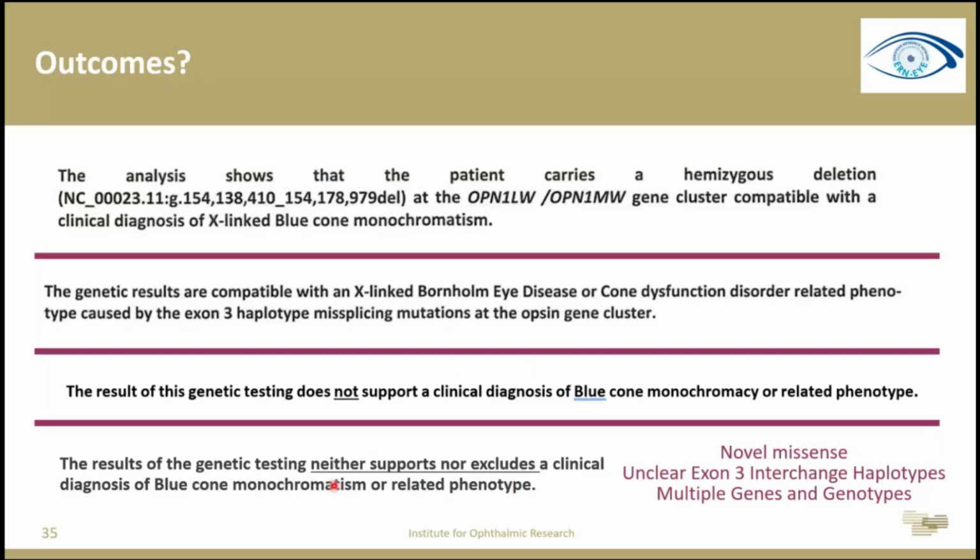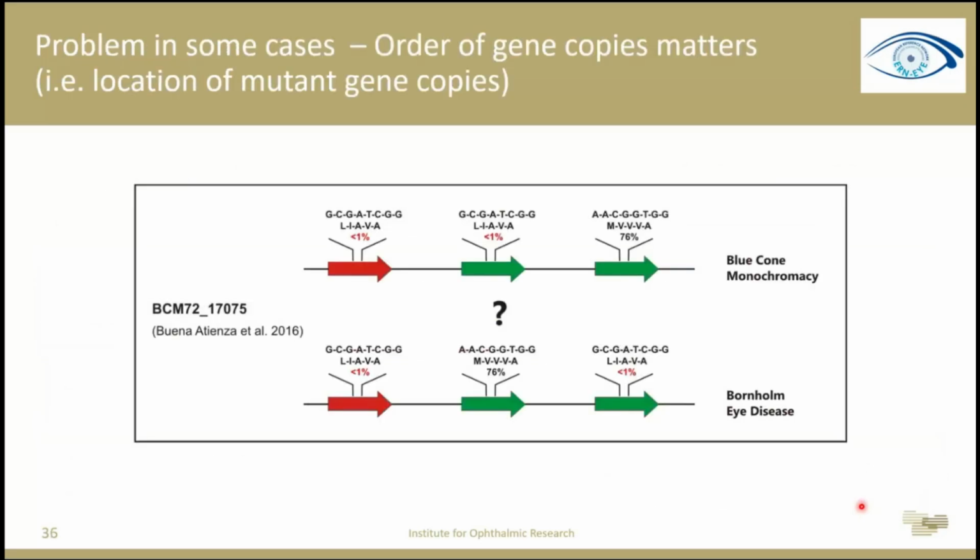We sometimes also have to state that the genetic testing results that we have achieved neither support nor exclude that this is a BCM or a BED-like phenotype. And this is the case sometimes for novel missense mutations, or unclear yet untested exon 3 interchange haplotypes in the situation where there are multiple genes, because sometimes you also have such a situation.